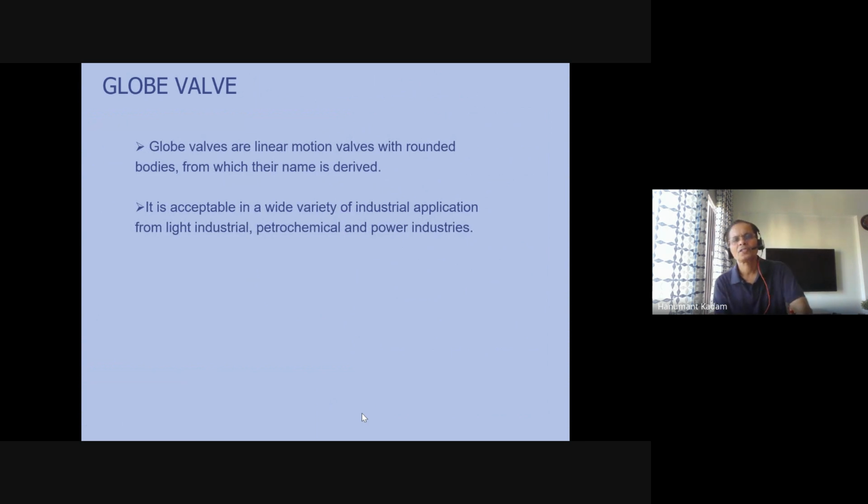So globe valves are linear motion valves, with rounded bodies from which their name is derived. It is acceptable in a wide variety of industrial applications, from light industrial to petrochemical and power. Maximum, it is a globe body in the industries.